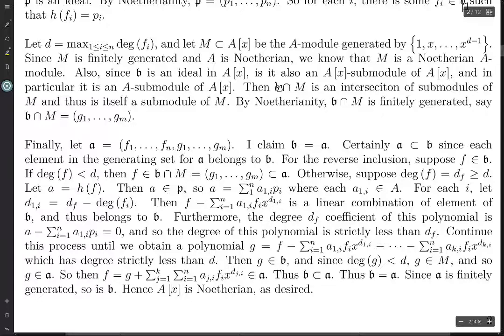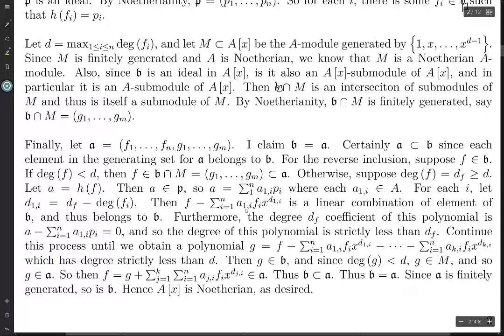What this does is ensure that this is a polynomial whose highest order term is precisely, well, what will it be? Fi has degree of Fi, and multiplying it by x to the power of df minus the degree of Fi will give you something of degree df.